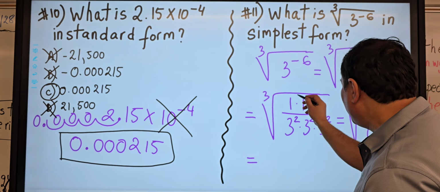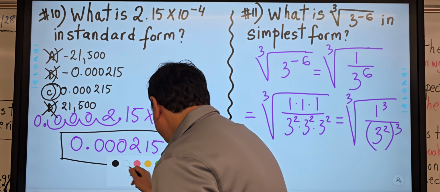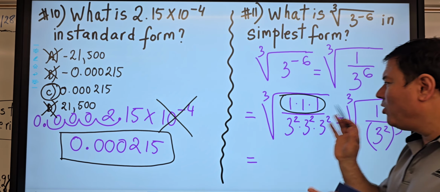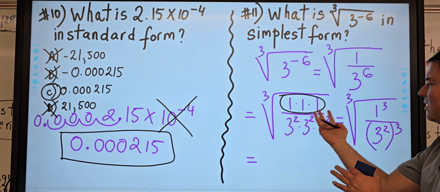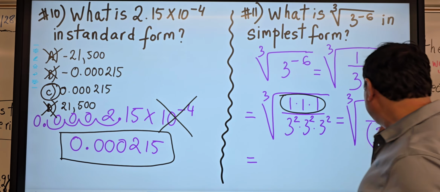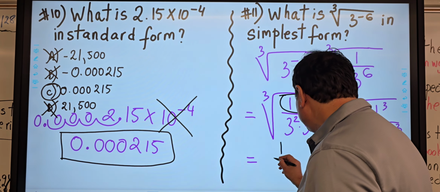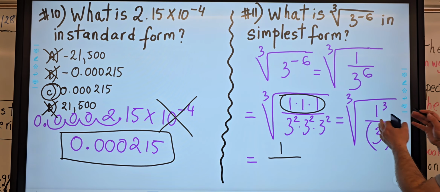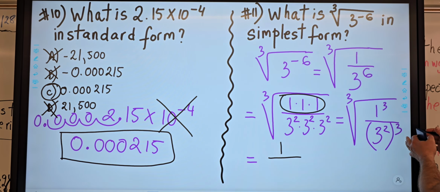So here, remember, cube root of 1 to the third power is going to be just 1. Because here we have 1 times 1 times 1. So from all these 3, the pair of 3, just 1 comes out. So cube root of 1 is going to be just 1 over. And now here, cube root of 3 squared to the third power, right?